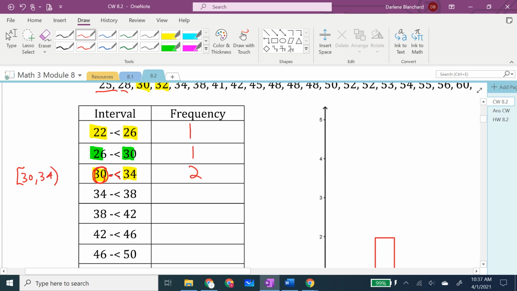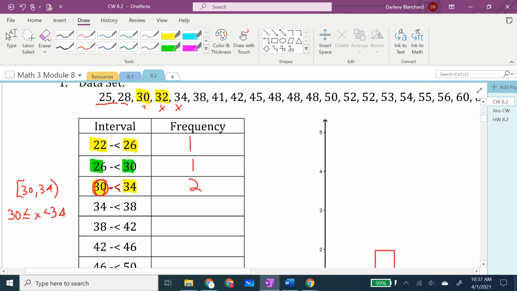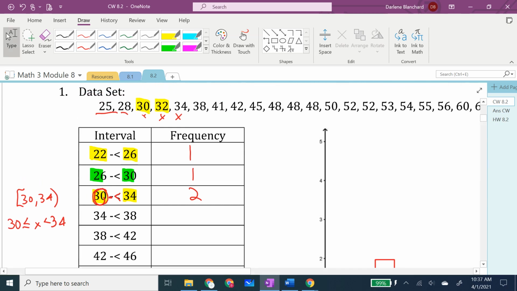It's looking at what are my data values, the x, with these being x's, in this inequality. That's what it is asking for. And so the numbers that are greater or equal to 30 while less than 34 are 30 and 32.